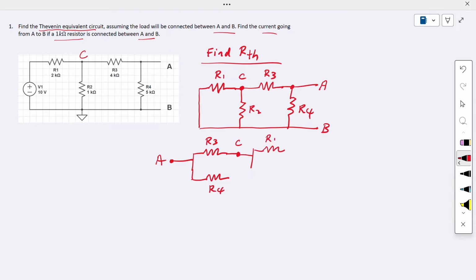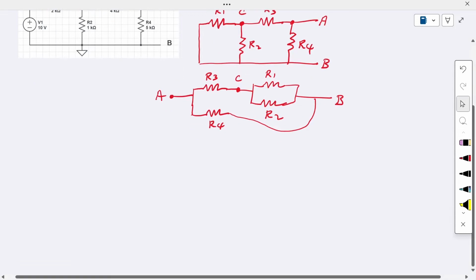So in this way, we have this R1. This is R2. Okay. And R1 and R2 are connected together to the node B. So this is our node B here. And R4 also is connected to the node B. So in this case, we can find what is the RTH value.